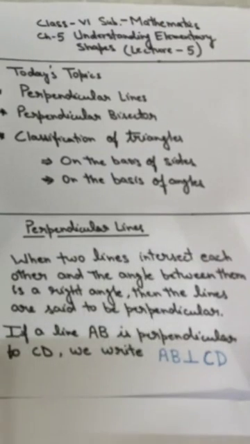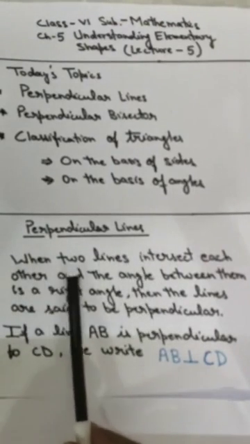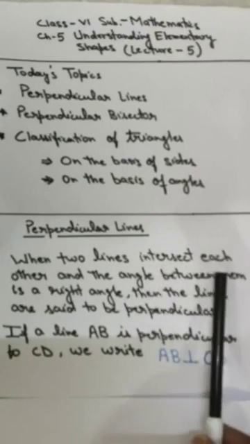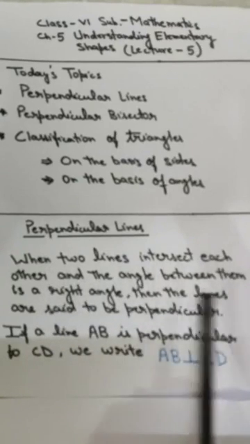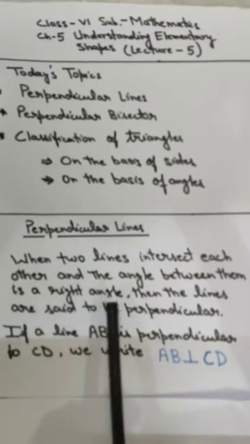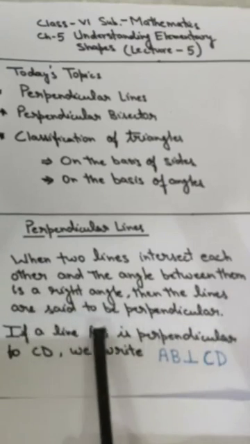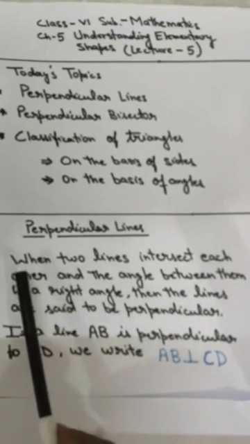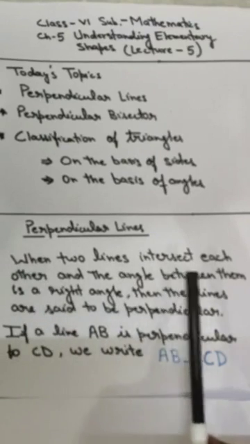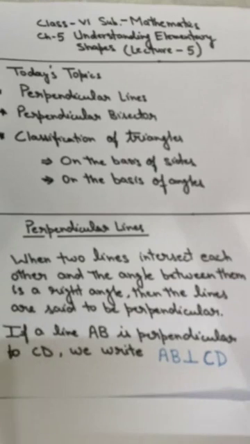What are perpendicular lines? When two lines intersect each other and the angle between them is a right angle, then the lines are said to be perpendicular. I am repeating, if the two lines intersect each other, you know that they cut each other because you have done intersecting lines.